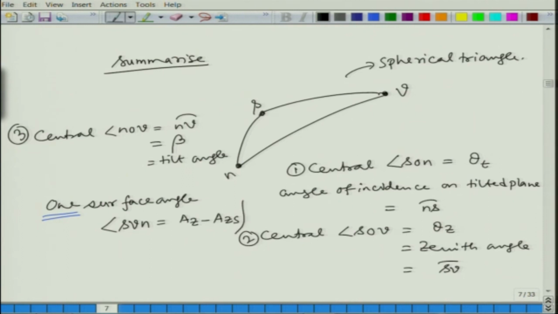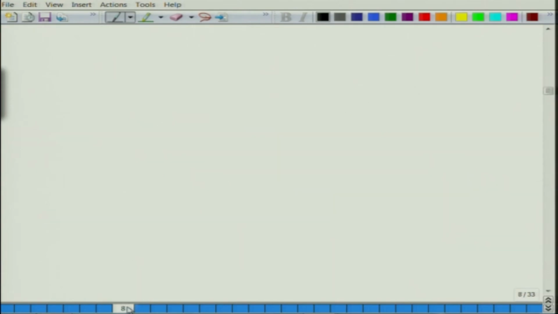Okay. That means the difference in solar and surface azimuth angles. Okay. So, now we are in a position to apply the spherical triangle rules.